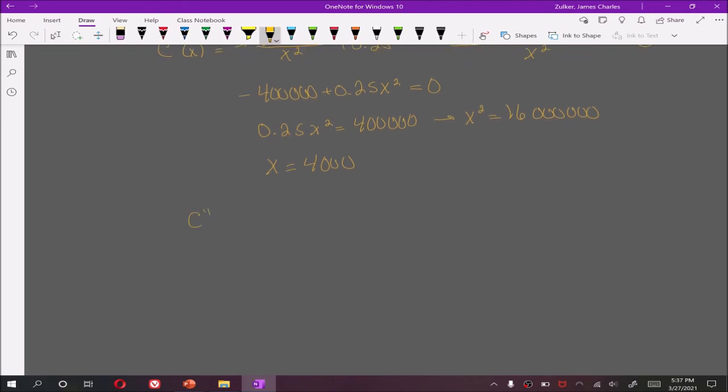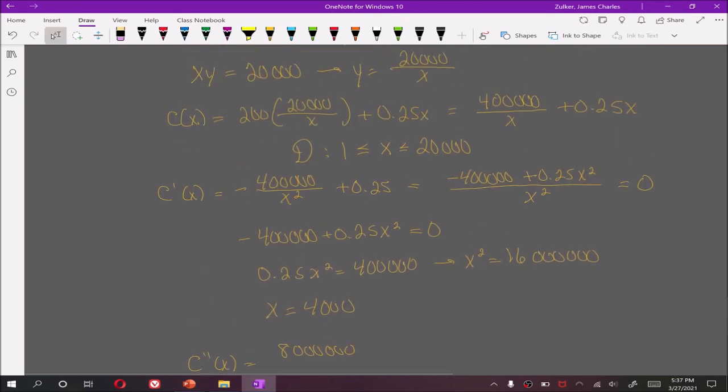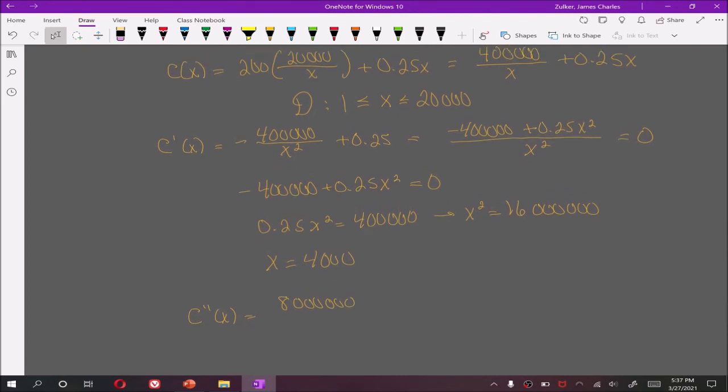C double prime of x is positive 8 million. I apologize. This should not have been 400,000. This should have been 4 million. And everything else is right.